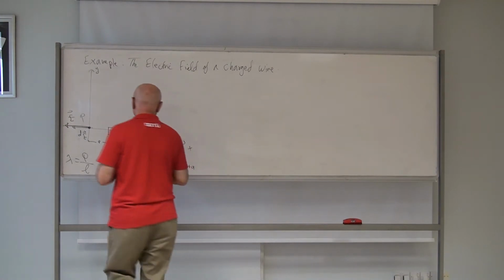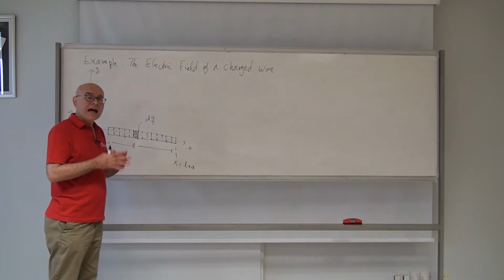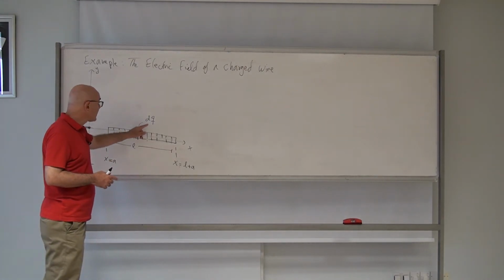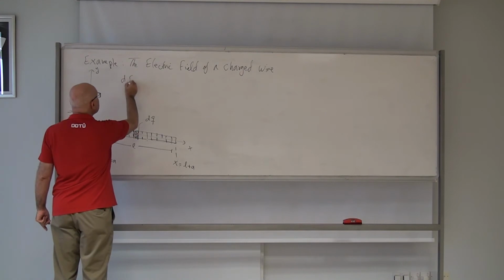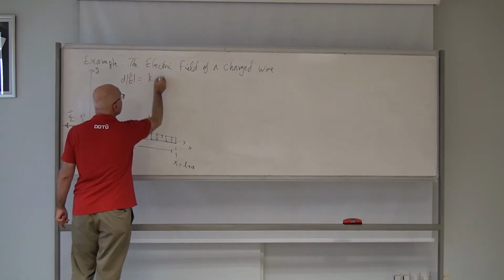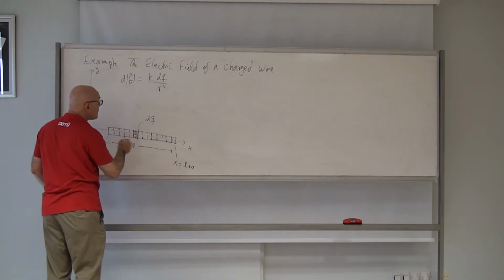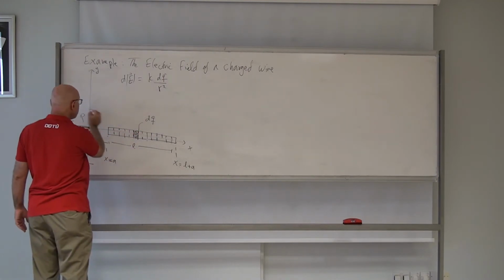And the first step in this regard is you write down an expression for dE, the electric field by dq. And so you say that dE in this case, as a magnitude, is equal to k dq over r squared. Now this is the general expression. What is r in this case?